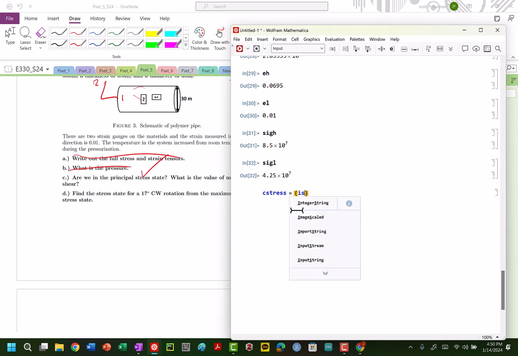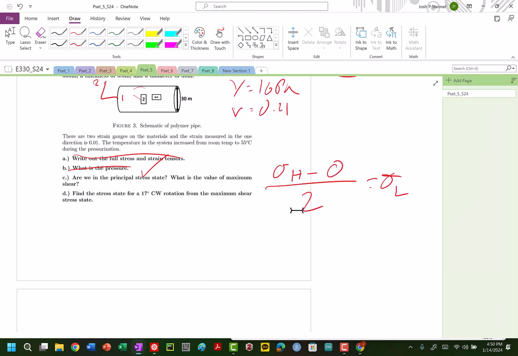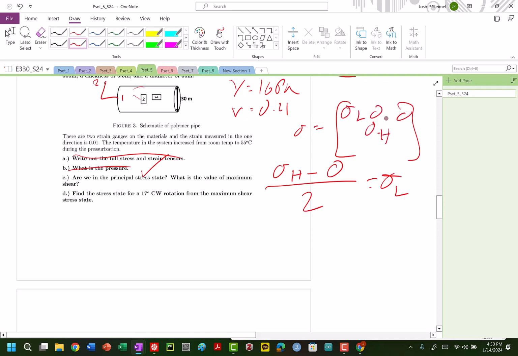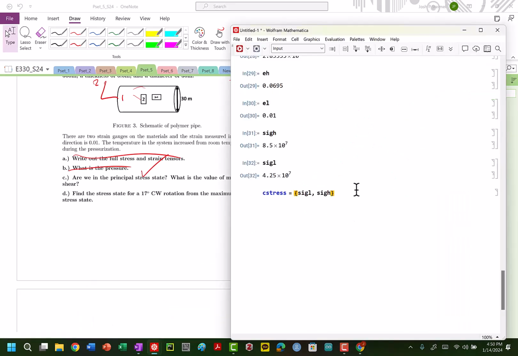It's going to be sig L because that's in the one direction. Sig 1, sig 2 is sig H. And I may have, again, in this problem with this notation, our stress tensor was sig L, sig H, 0, 0, 0, 0, 0, 0. There we go. So let's go over here. Sig H, sig L, and then we have no stress here.